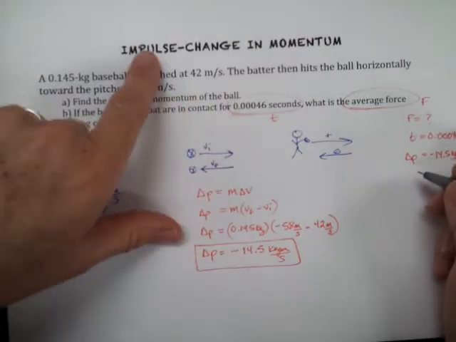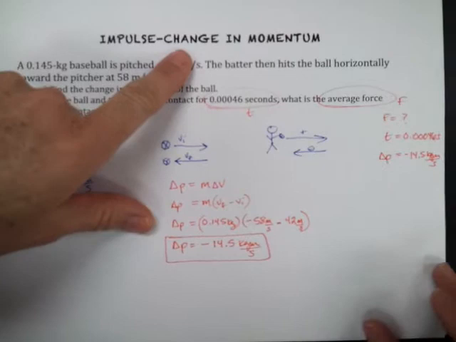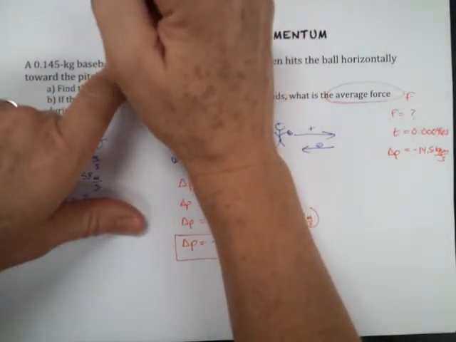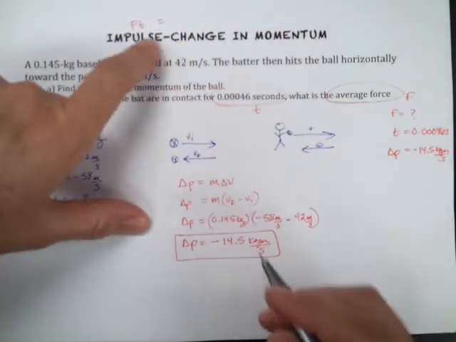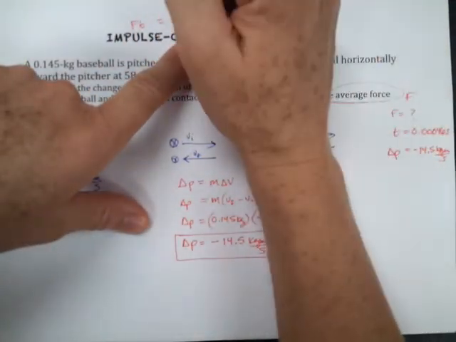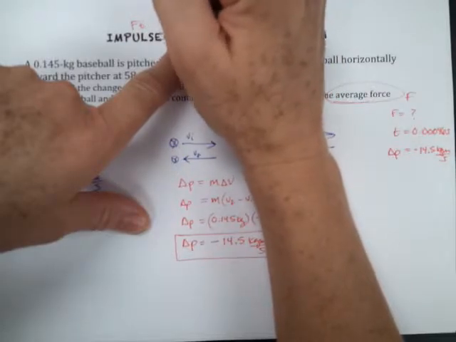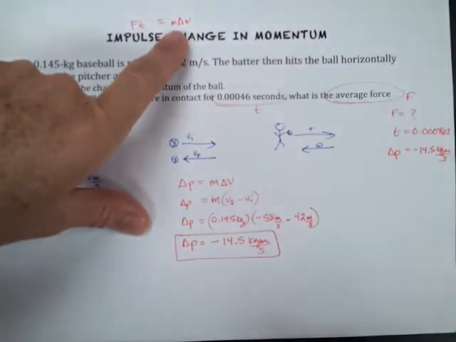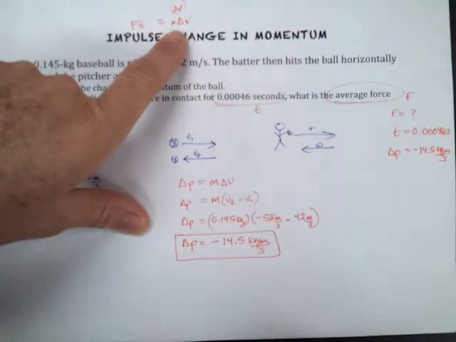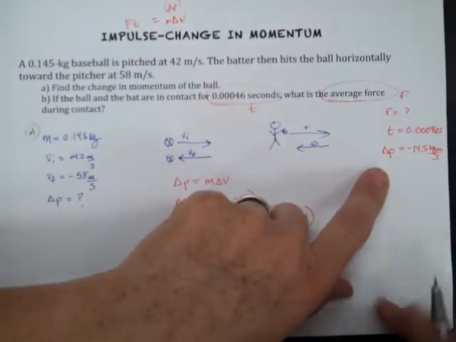So we know from our impulse change in momentum equation that Ft equals change in momentum, delta P, or delta m delta V, same thing. All right, so we're going to use that for over here.